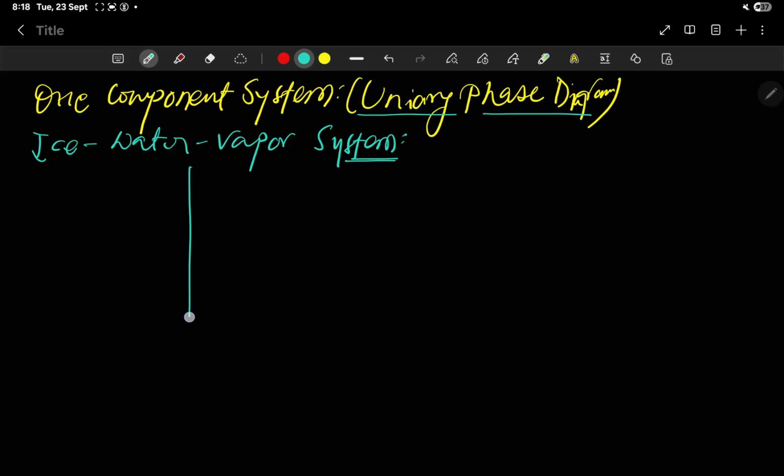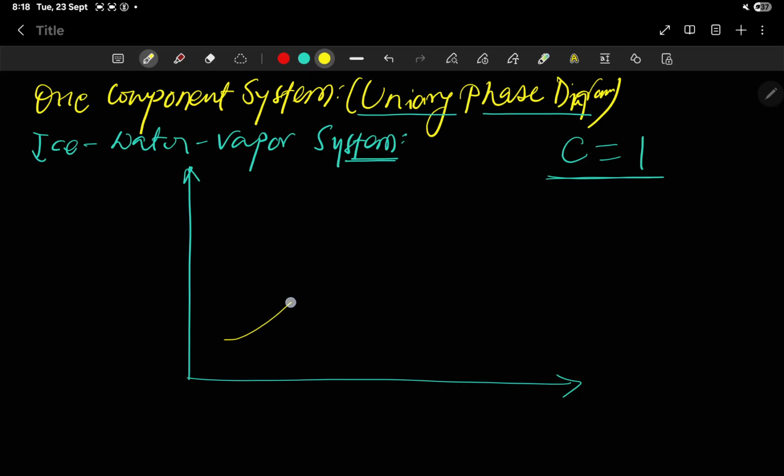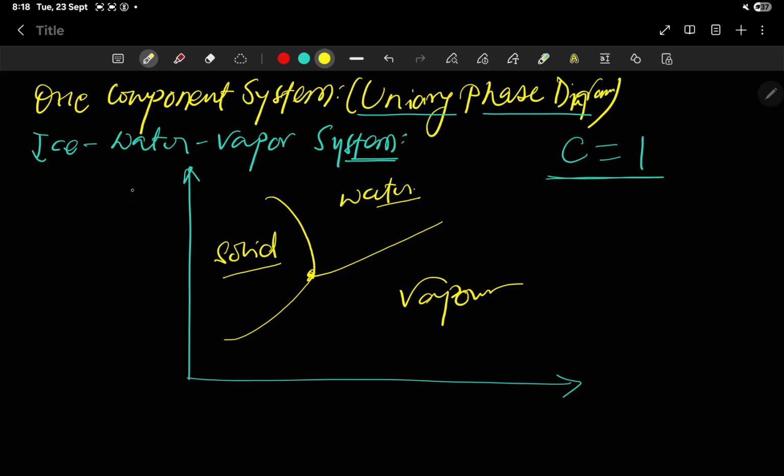So it is simple as we have earlier discussed. In the unary phase diagram, the component value will be 1. It is a single component. So this is water, this region is vapor, this region is solid, and this is pressure, this is temperature.